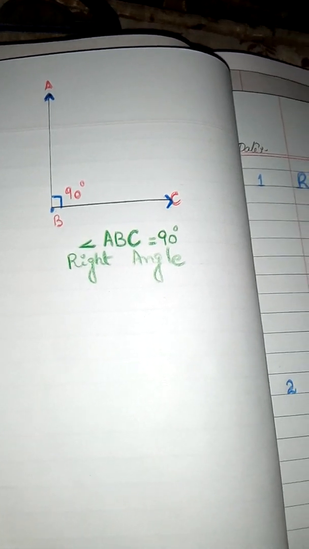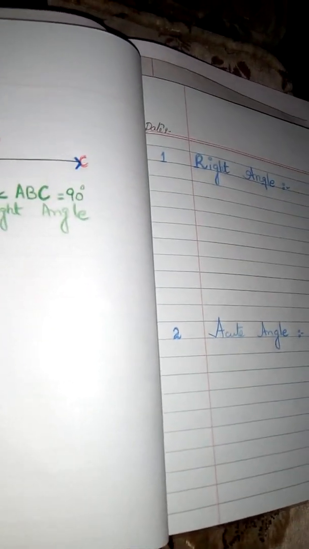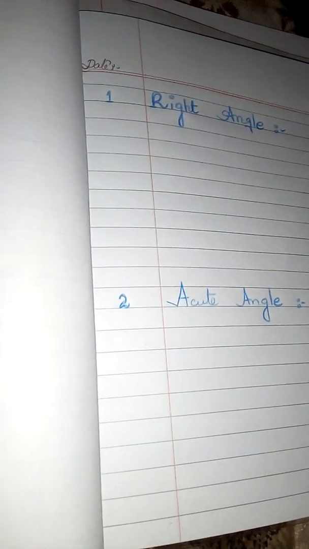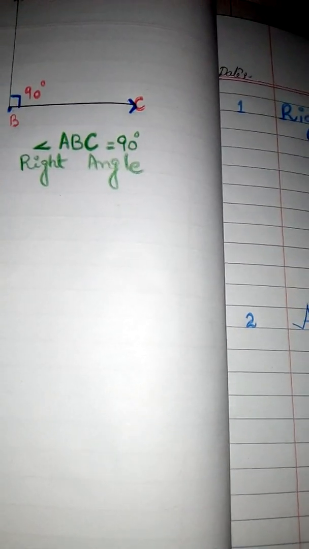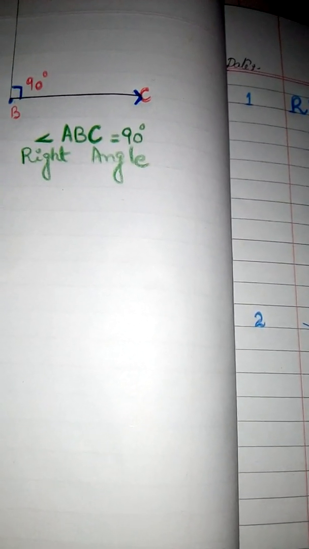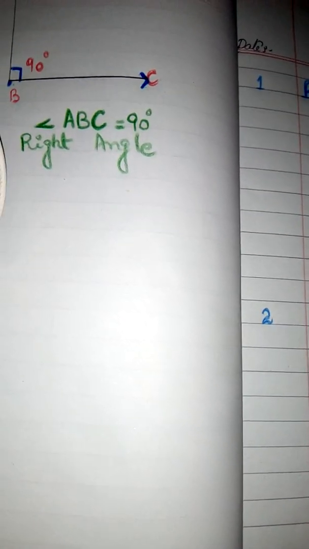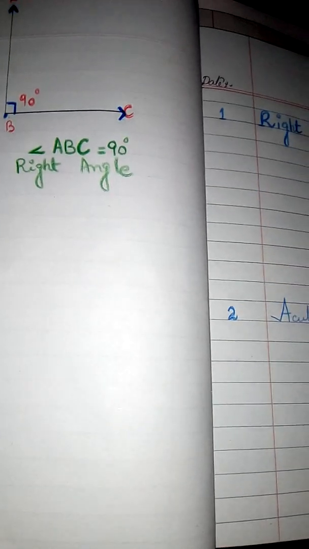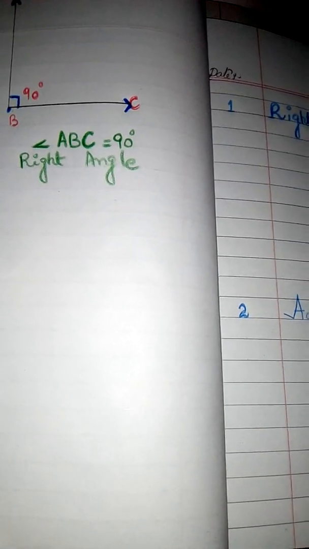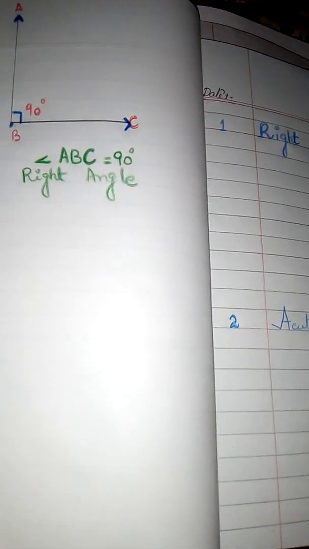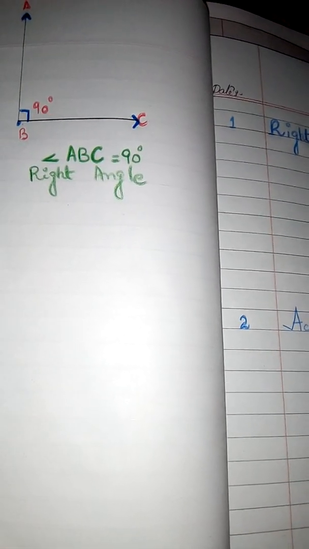Now in the same way, you are going to make an acute angle. Select any degree, because you know it very well, an acute angle is less than 90 degree. So you can choose any degree from your protector. You can select 45, 60, 65, whatever, but it should be less than 90 and greater than 0 degree.